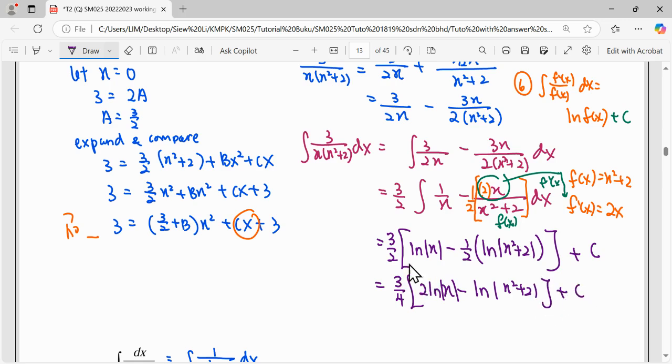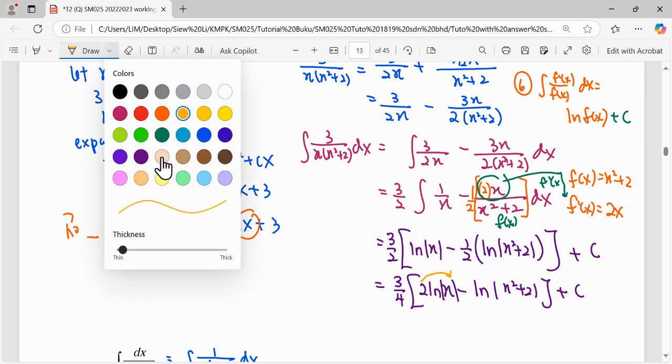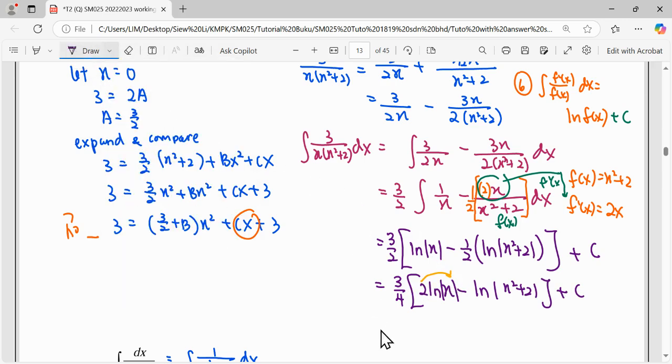These two we can use the properties of logarithms, moving the constant as a power. So we can get 3 over 4 ln of x squared over x squared plus 2, since ln minus ln becomes division. So lastly, plus c. So that's all for this question.